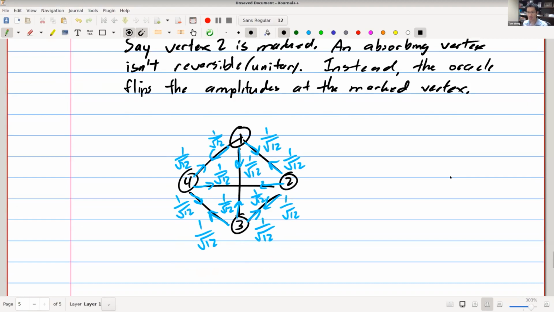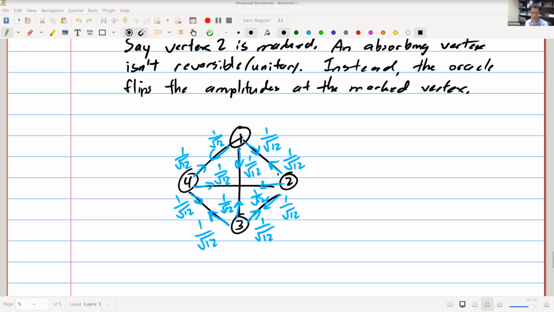Oh, it looks like there's a question in the chat. How about treating each vertex as a two-faced coin? Each vertex in this drawing has 3 neighbors, so you'd want your coin to be a 3-dimensional coin, not a 2-dimensional coin.